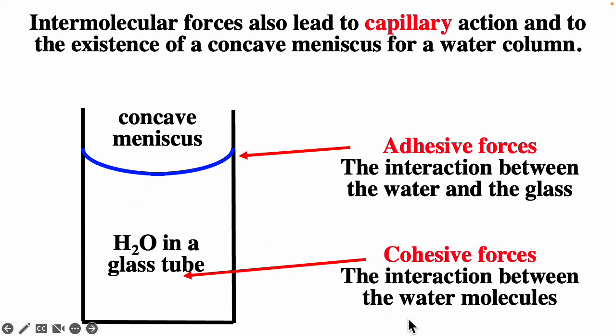And so cohesive forces are interaction between the water molecules, interaction between the liquid itself. Adhesive forces are interaction between the liquid and the glass. And so if the adhesive forces are stronger than cohesive forces, then you get a concave meniscus trying to maximize the adhesive forces.